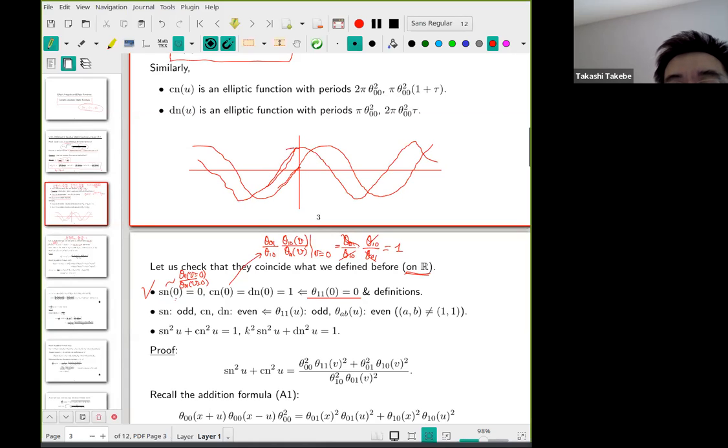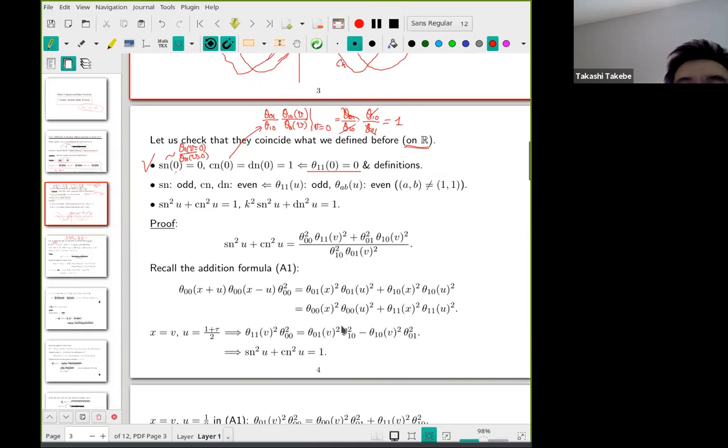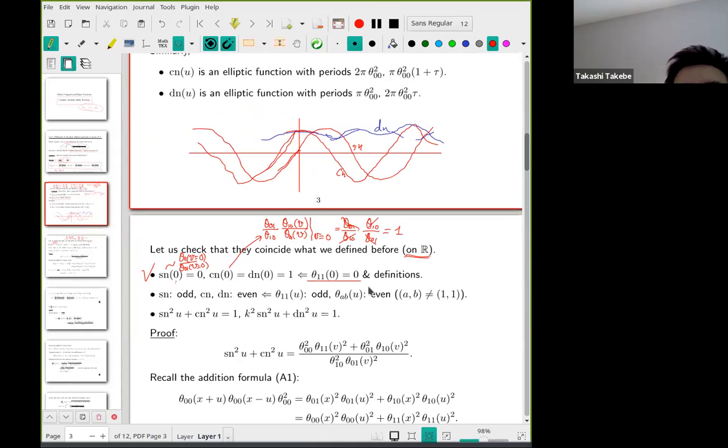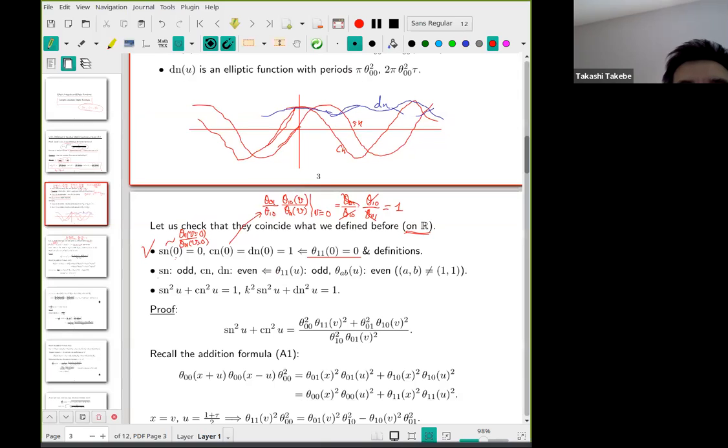And dn was, well, what I want to say is that sn is an odd function, cn and dn are even functions.